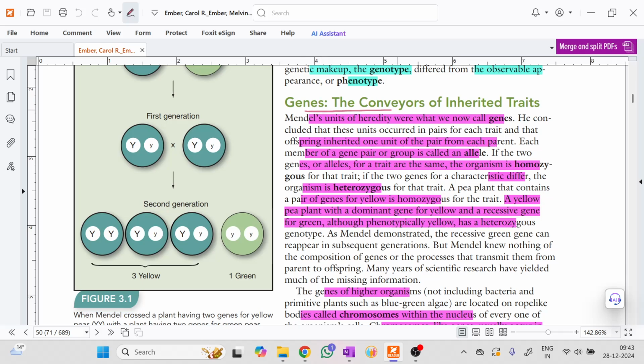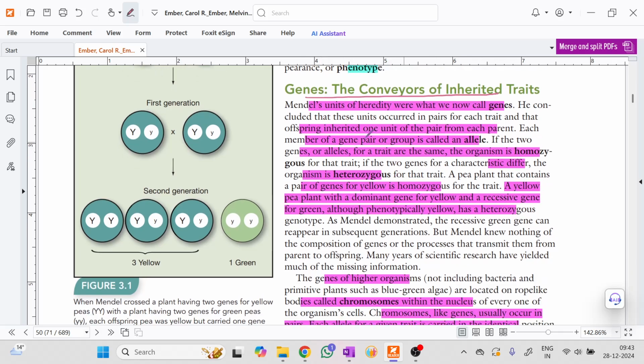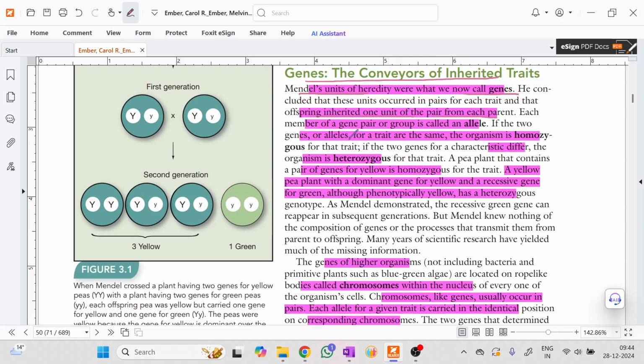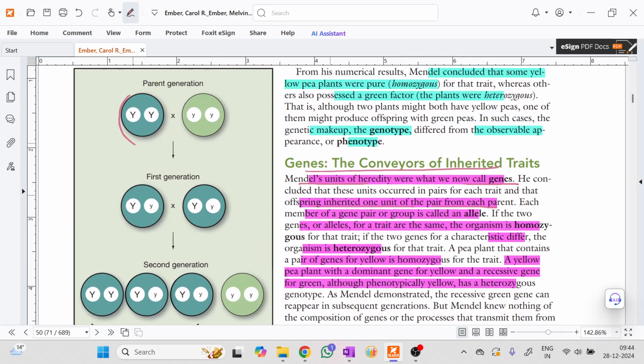Now let's proceed ahead. Genes, the conveyors of inherited traits. Mendel's units of heredity are now called genes, and he concluded that these units occurred in pairs for each trait, and offspring inherited one unit of the pair from each parent. So this was his finding, that these traits do not occur individually but in pairs, because each parent generation was also an offspring of their parents.